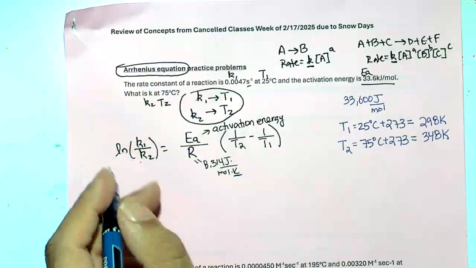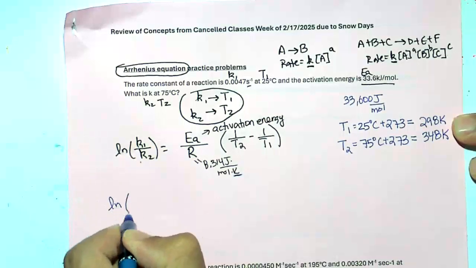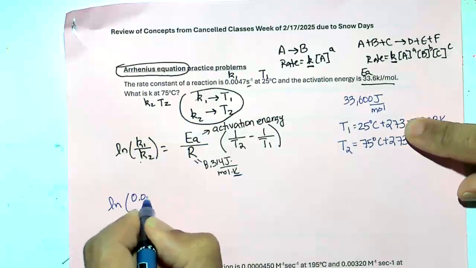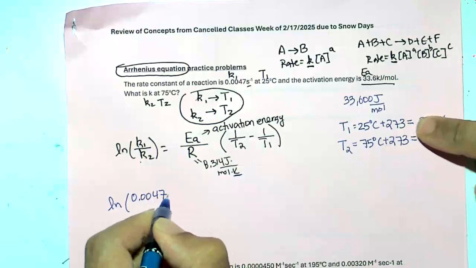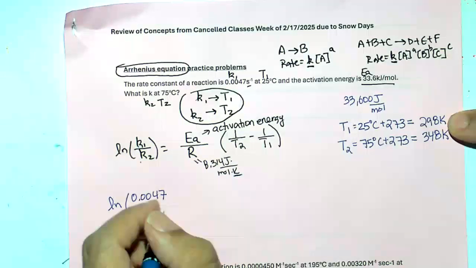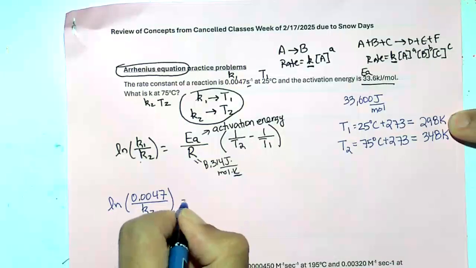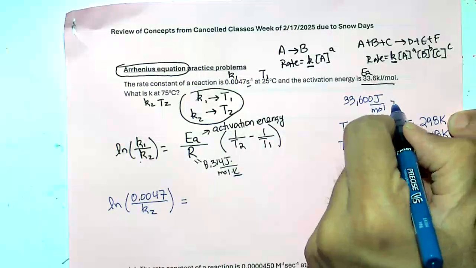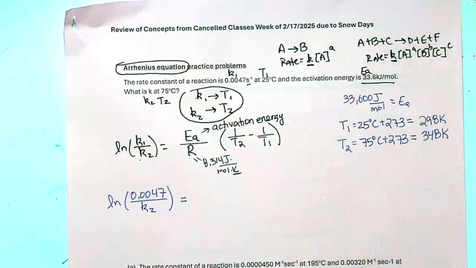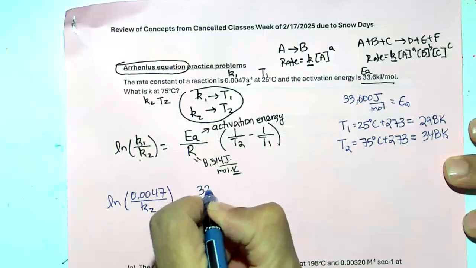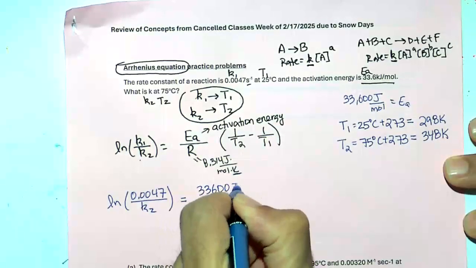So this is relating k at some temperature. Let's plug everything in. Natural log of k1 is 0.0047 inverse seconds. I'm not going to put units inside the natural log. k2 is what we're trying to solve for. Ea, remember, put it in joules per mole, so it's going to be 33,600 joules per mole.